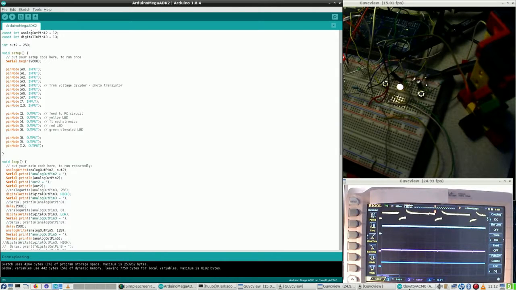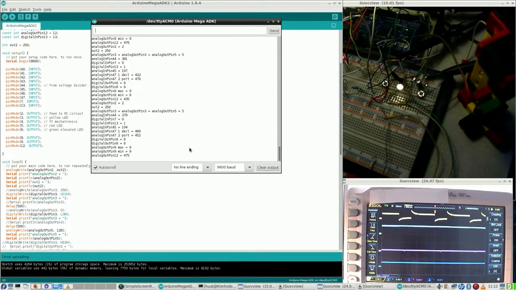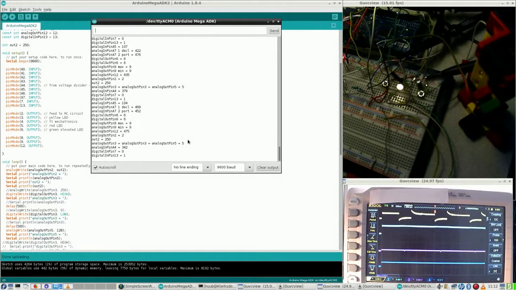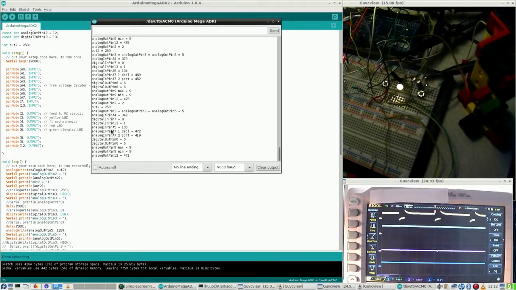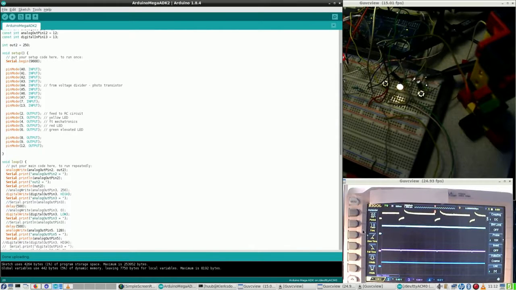And I think that cannot be done that way. Analog out pin 2 is 2. Yeah, the 2 is 255. So my thinking may be completely wrong. Anyway.